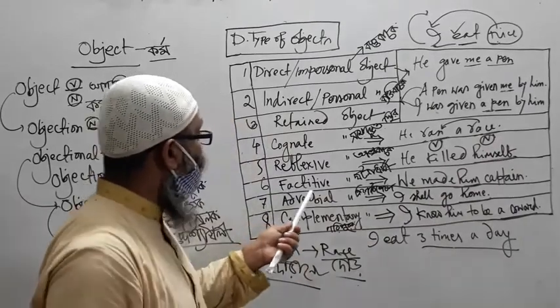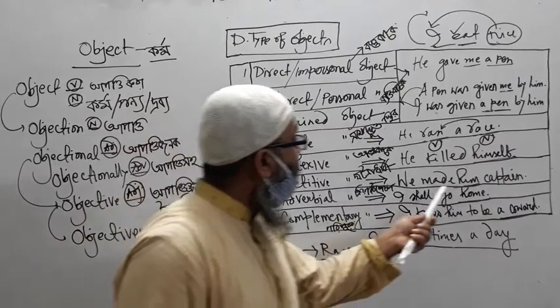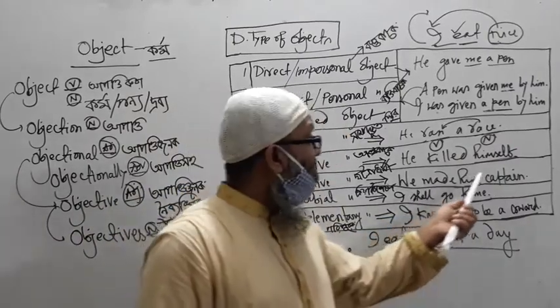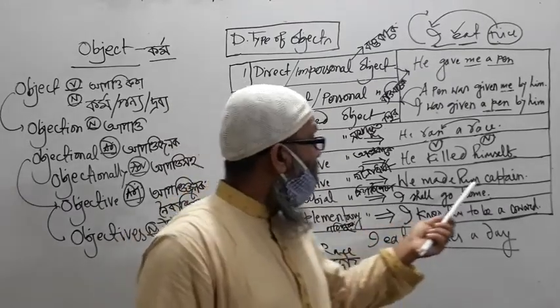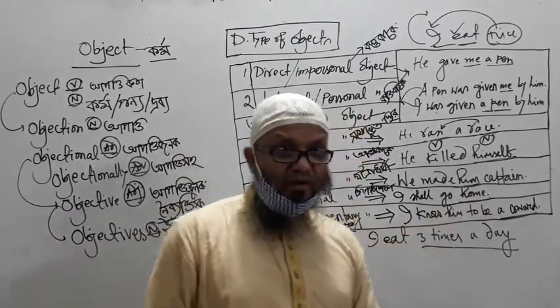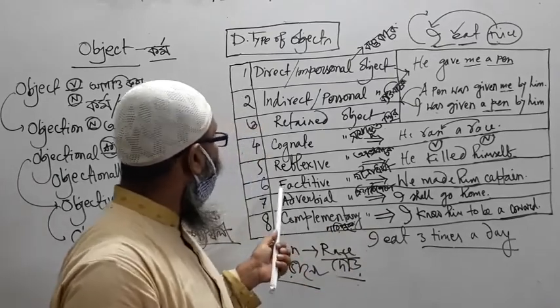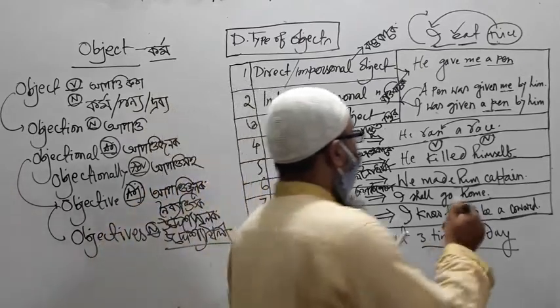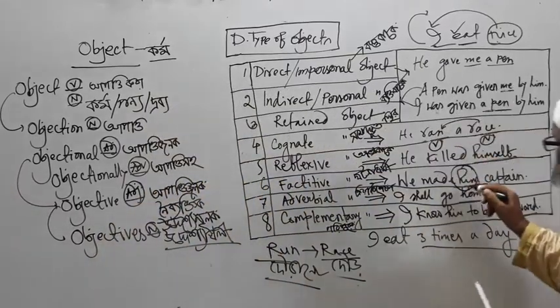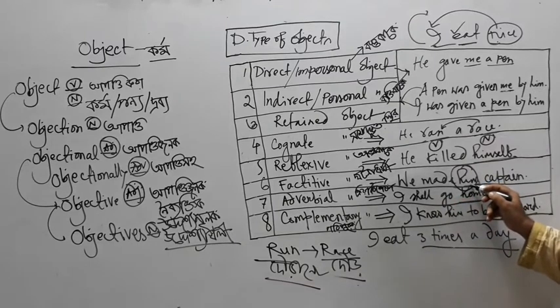Okay, next, factitive object. Factitive. We made him captain. We made him leader. We made him chairman. We made him our member. In this way, we can know the factitive object. Actually, what is factitive? See, there is an object here, him. We made him, but what? There is a question.